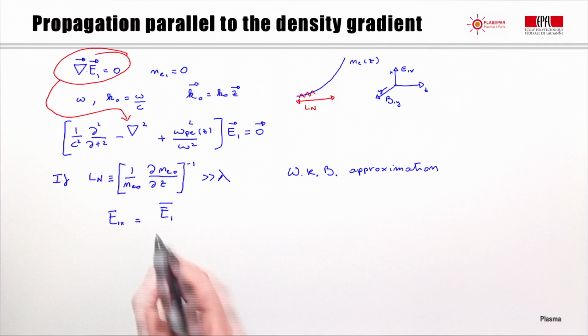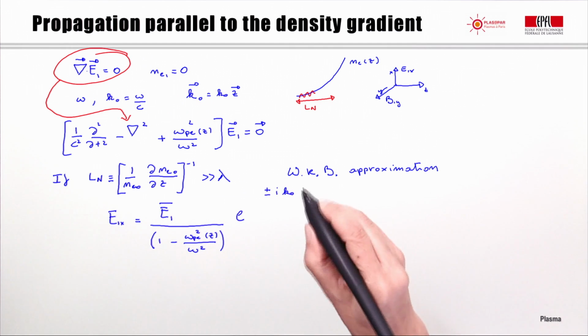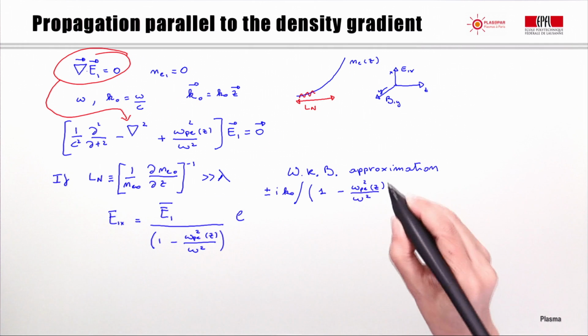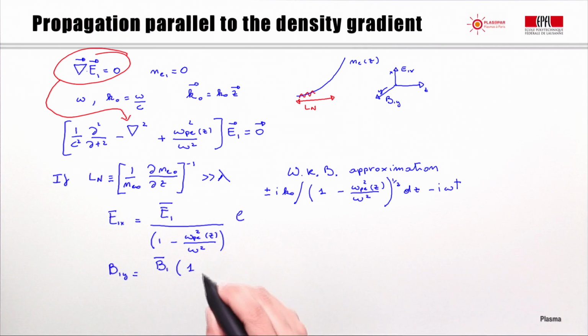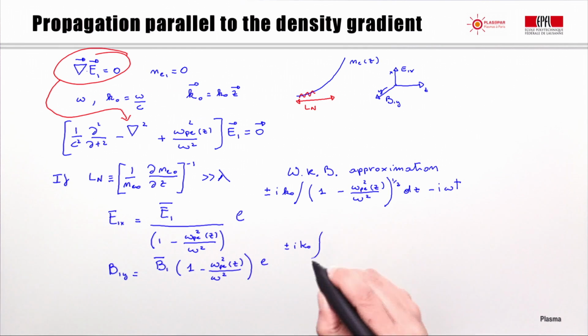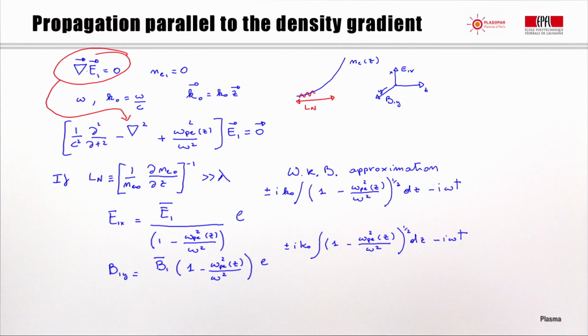And we can write the solution for the electric and magnetic field. This solution is a propagating wave with a wave vector or wavelength that slowly adapts as the local value of the density changes.